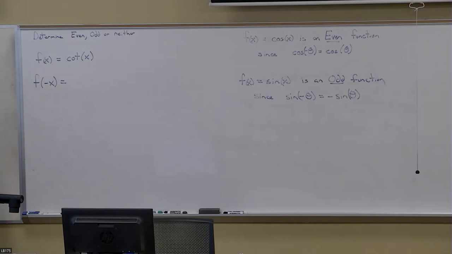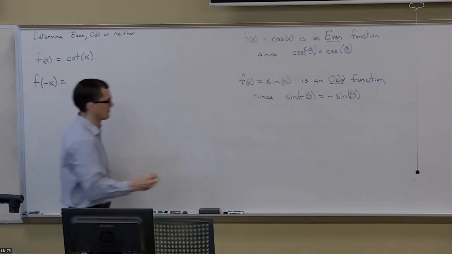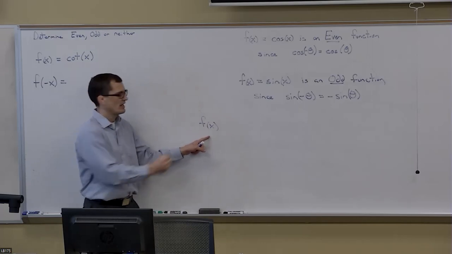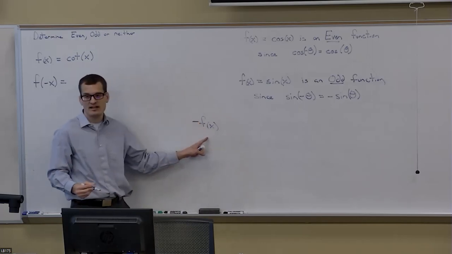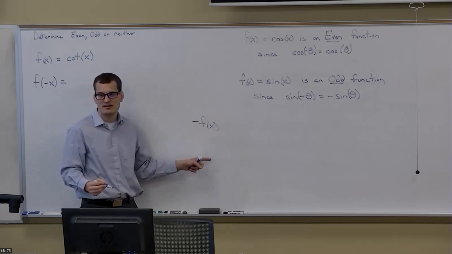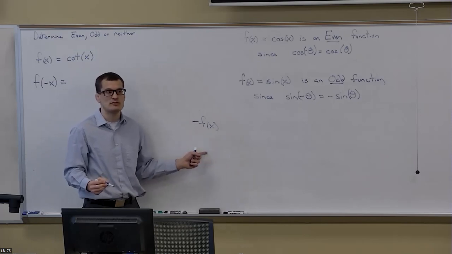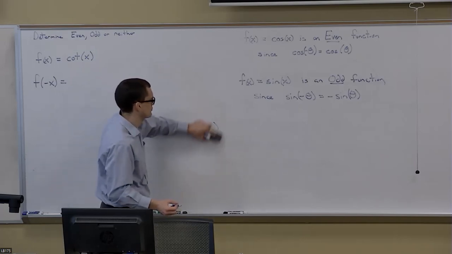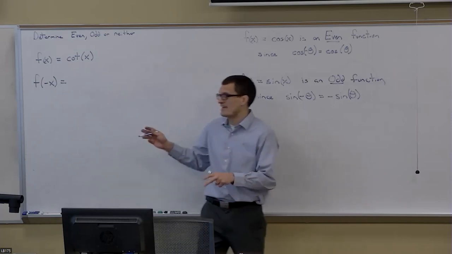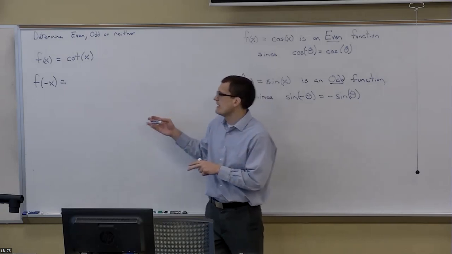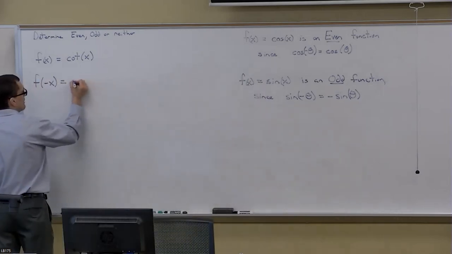If I can rewrite this such that it is the same as f of x, then I know it's even. If I rewrite this so that it's the same as negative f of x, then I know it's odd. We get that? And if I can't do either of those two, I know that it's neither. Okay? So the trick, the algebraic trick, is the same thing we did back in section 1.5. We plug in a negative and we just rewrite.